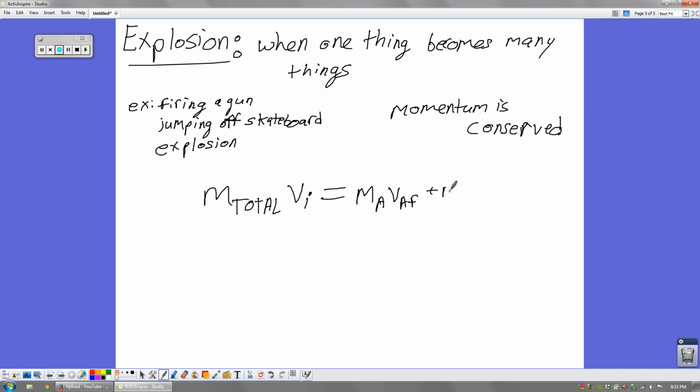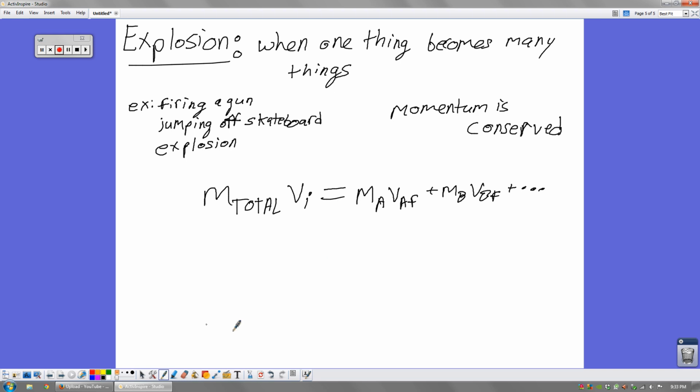And each thing has its own momentum. And if you add up all the momentums of all the little pieces, it has to equal the total amount of momentum that you had before.